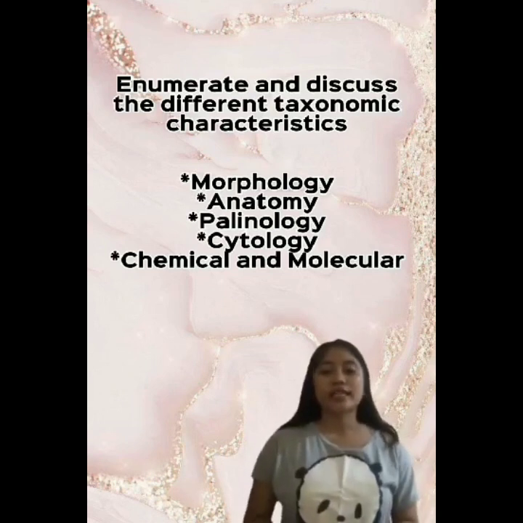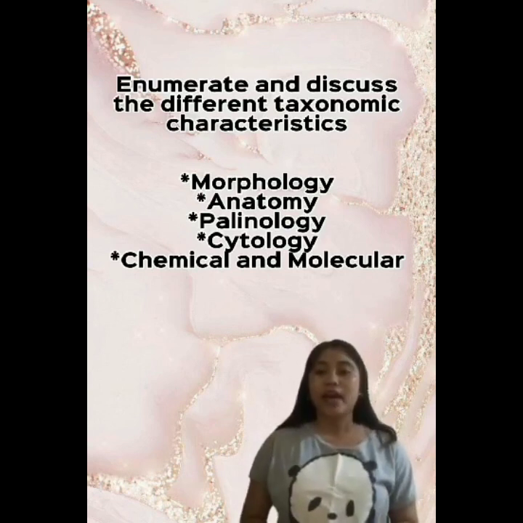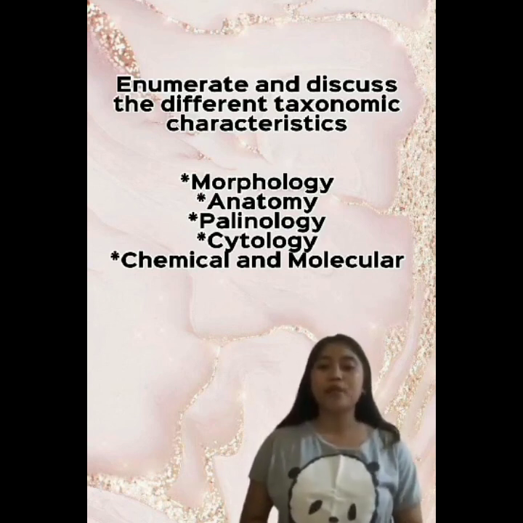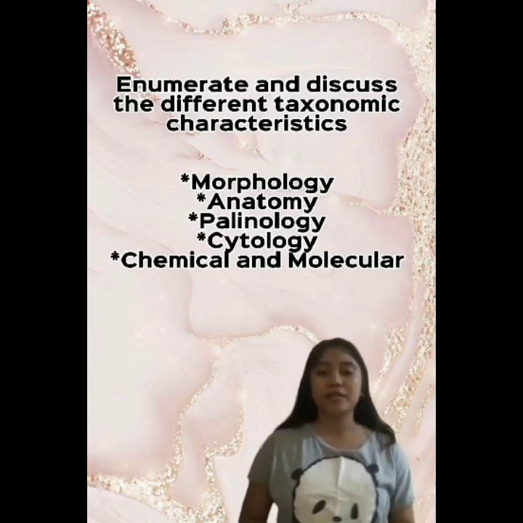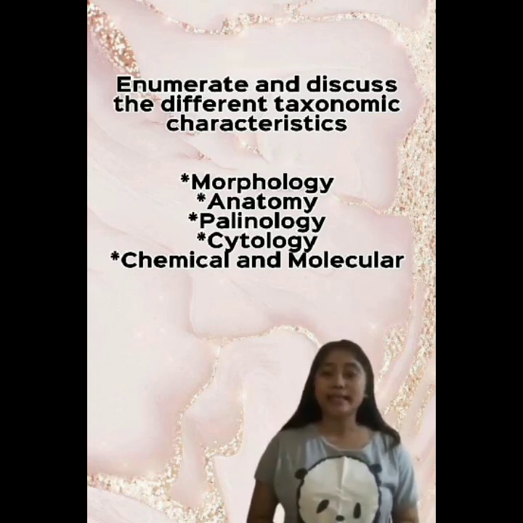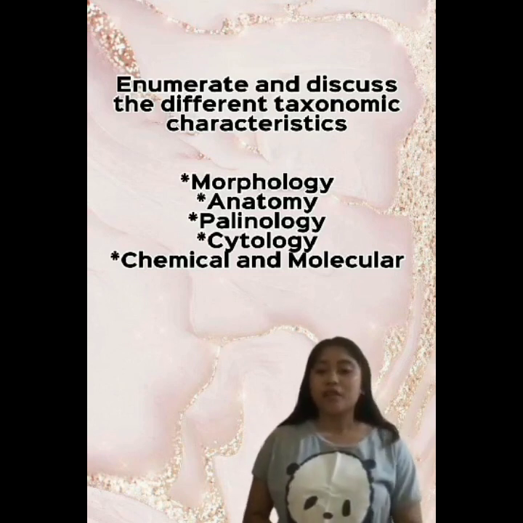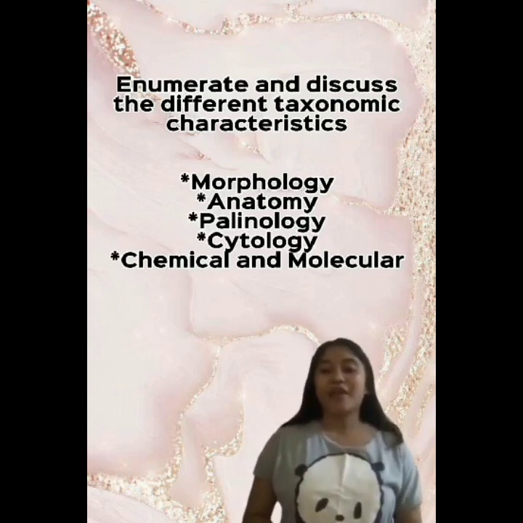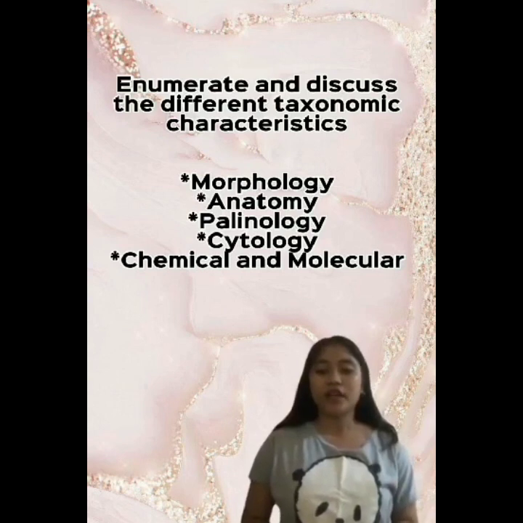Cytology covers chromosome number, structure, and habit; examining a single cell type, which is frequently present in fluid specimens, is called cytology. And lastly, the chemical and molecular: the alkaloid, phenolic, and amino acid content, proteins and enzymes, and DNA.